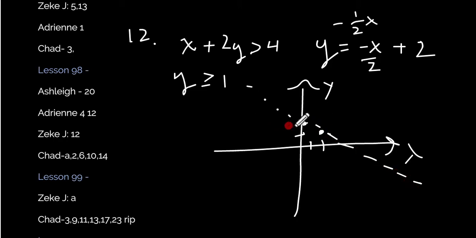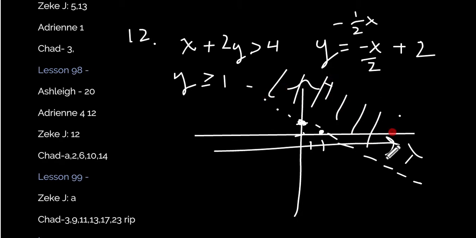Y is greater than 1 is just a horizontal line going across at y is 1. Whoops, I kind of missed, but let's see, I can do better than that. So, here we go. Oops, I forgot to color the first one. The first one is greater than, so it's going to be colored above the dotted line.